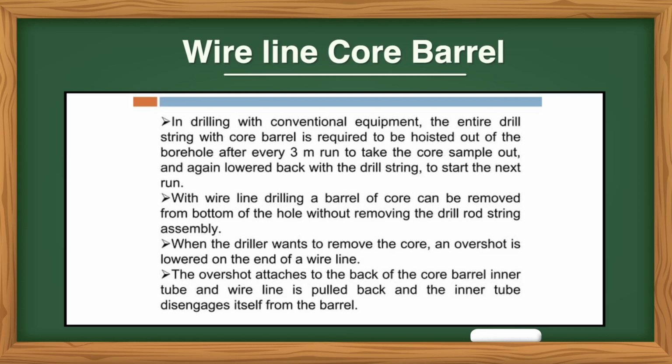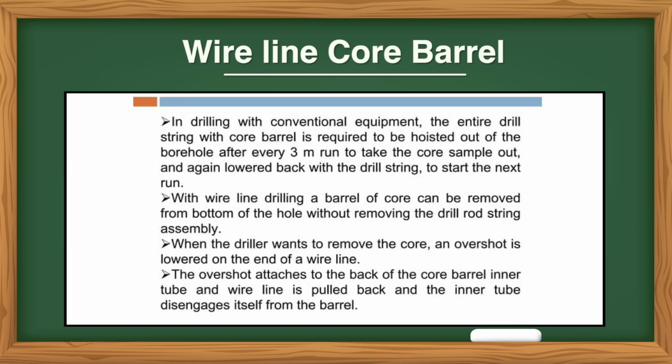With wireline drilling, a barrel of core can be removed from the bottom of the hole without removing the drill rod string assembly. When the driller wants to remove the core, an overshot is lowered on the end of a wireline.